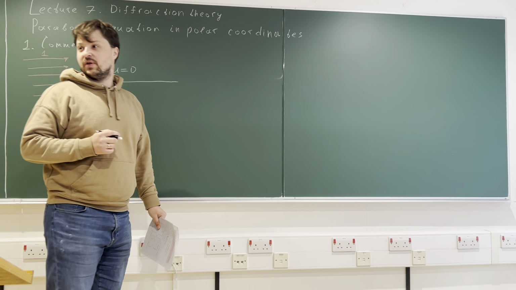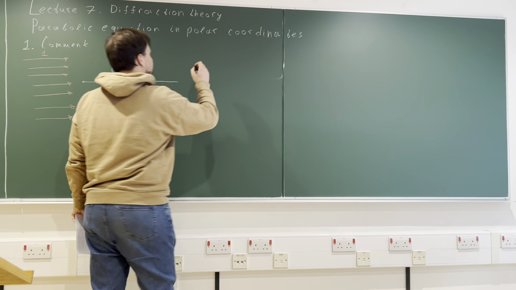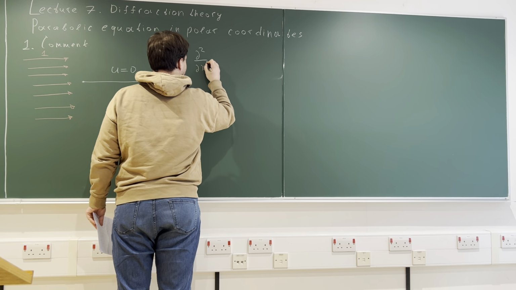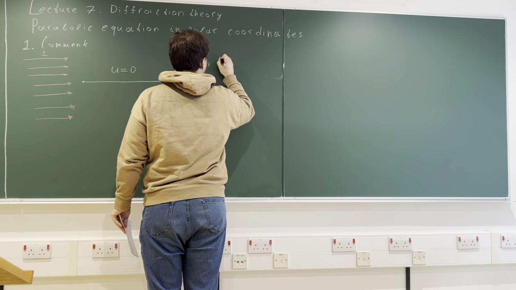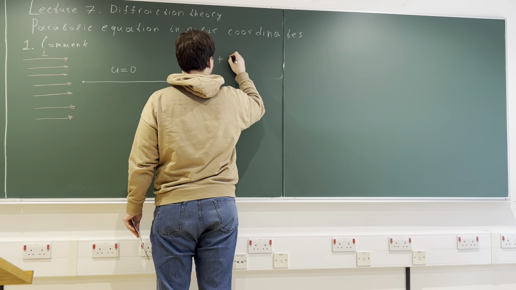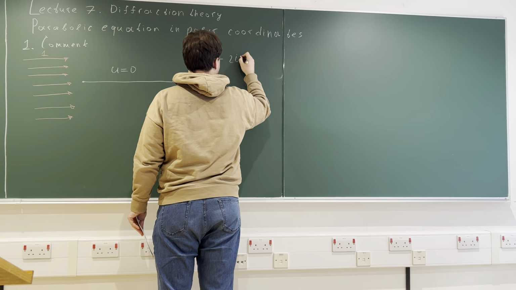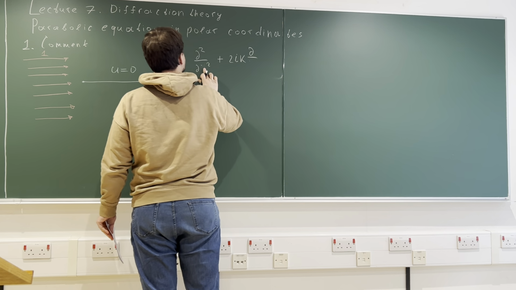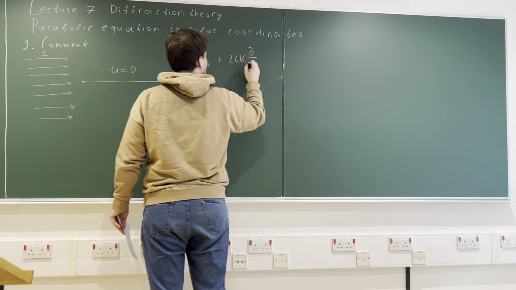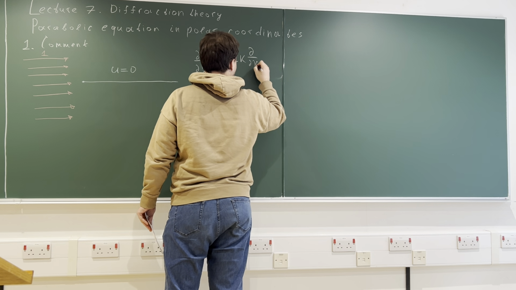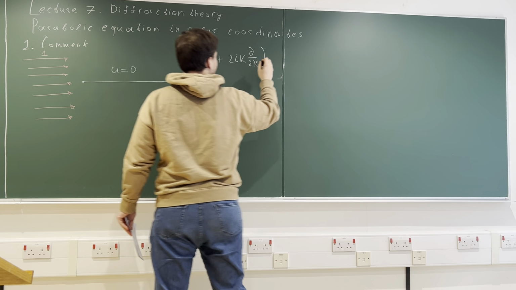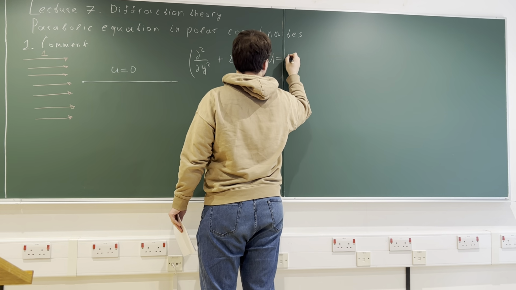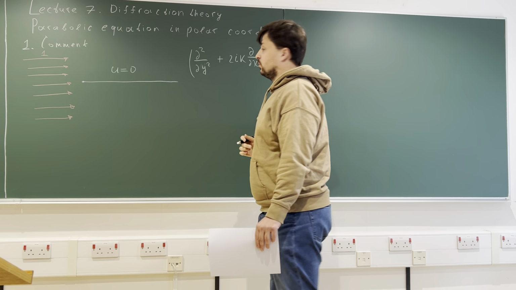Can somebody remind me the equation, the parabolic equation? Write it down. So it's the second derivative in x squared plus something, but not x, y, equal to 0.